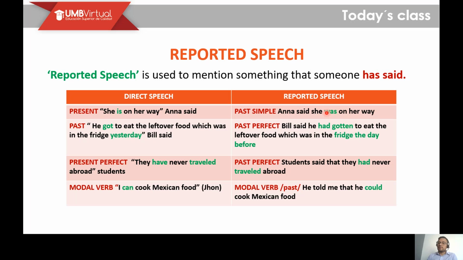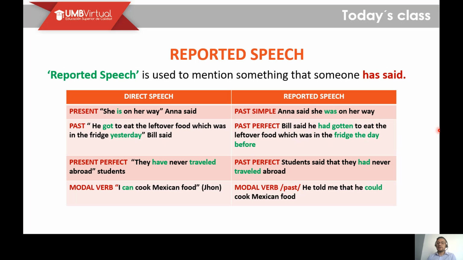Entonces el reporte cambia en cuestión de tiempo gramatical. Si ella me lo dice en pasado, I got to eat the leftover food which was in the fridge yesterday, Billy said. ¿Cierto? Entonces yo digo, Billy said that he had gotten to eat the leftover food which was in the fridge the day before. ¿Listo?